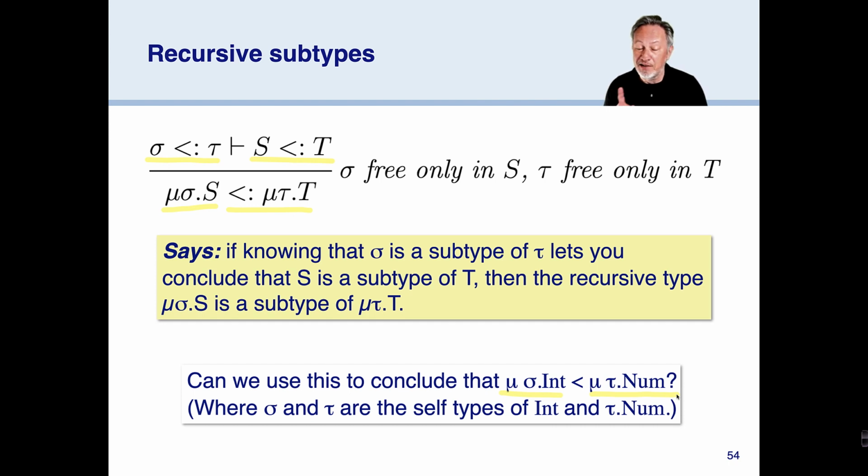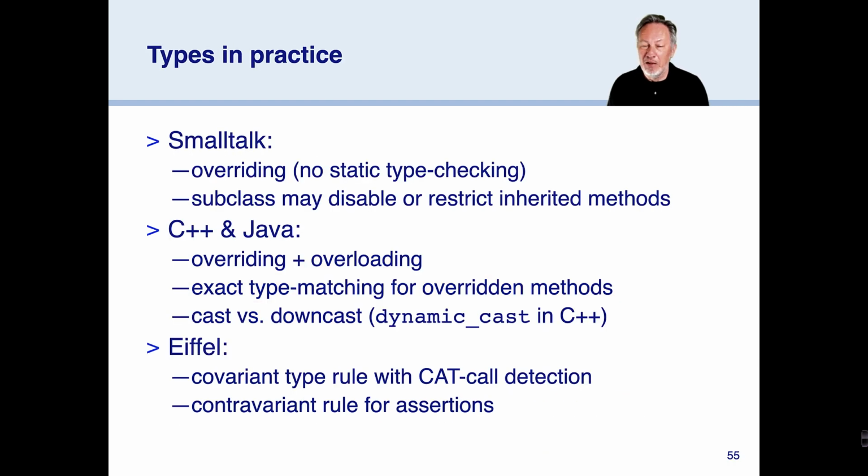Remember, on the other hand, that Haskell doesn't have subtypes. Haskell has parametric polymorphism, but no inclusion polymorphism. So maybe you think that this would work, but maybe there are some problems. Looks okay, but in practice, people keep things much simpler.